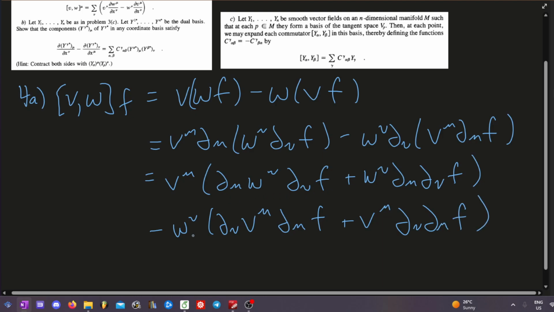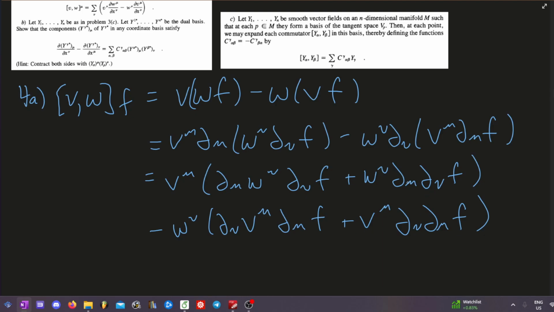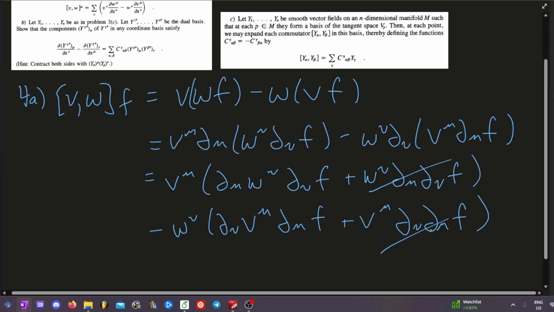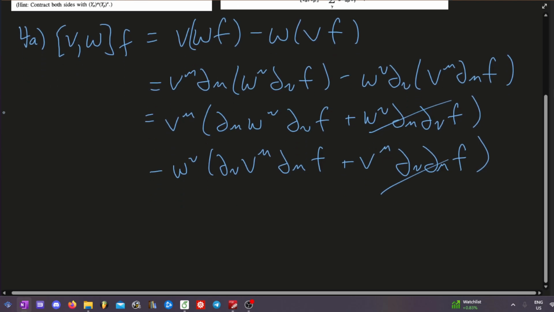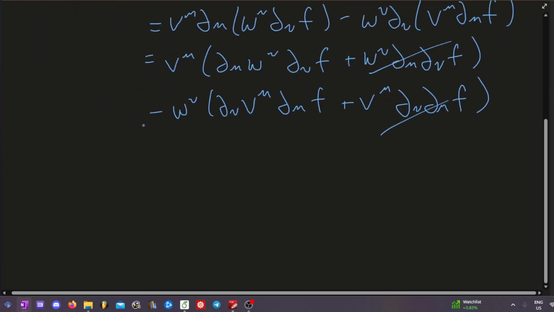Now, since w and v are just components, and also the partial derivatives commute on the scalar function f, the last term in either line is going to cancel. That's going to leave us with this.